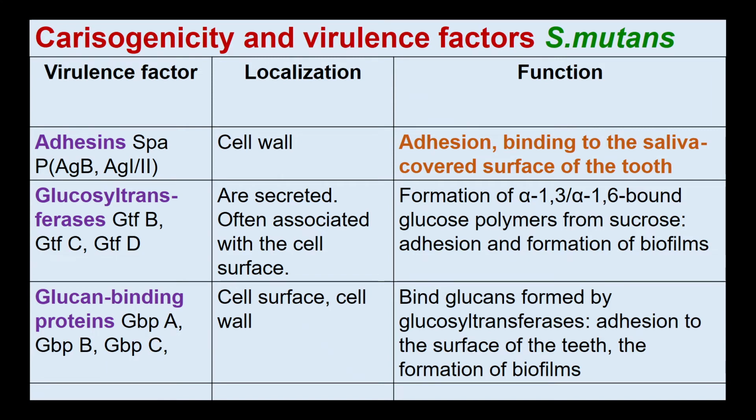Next virulence factors, glucan binding proteins, several types for different bacteria: glucan binding proteins A, B, and C. Localized on the cell wall, on the cell surface, binding glucans formed by glycosyltransferase, adhesion to the surface of the teeth, and the formation of biofilms.